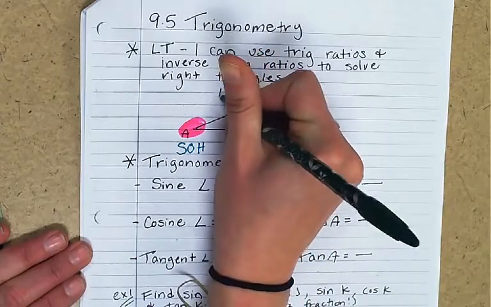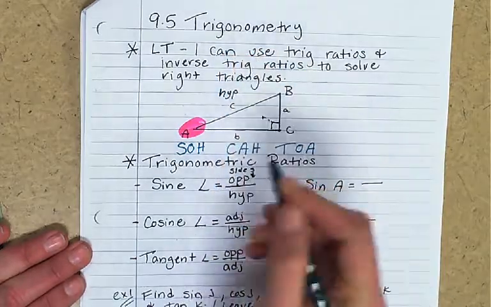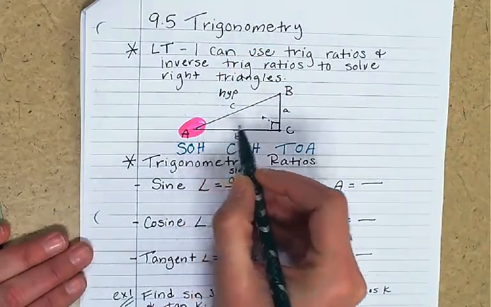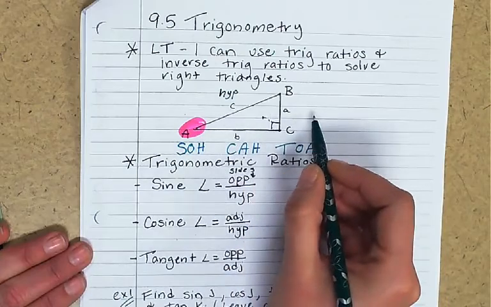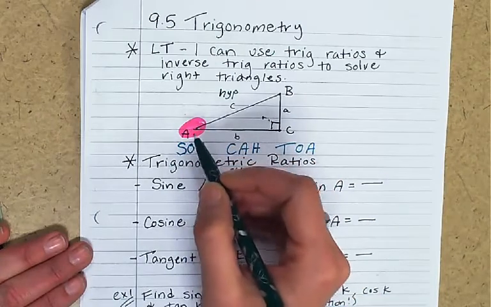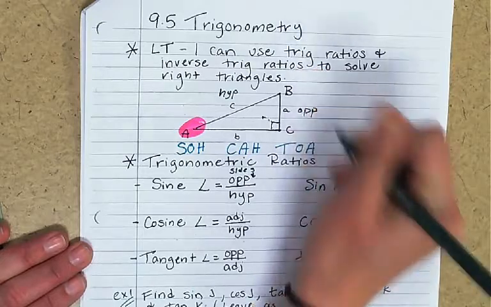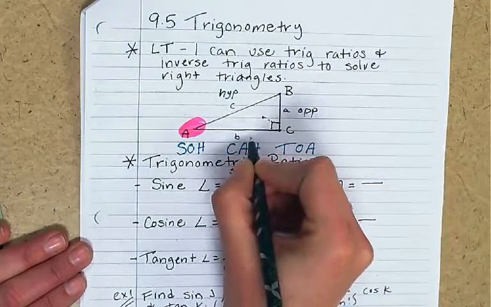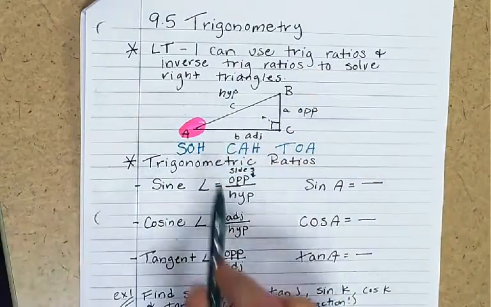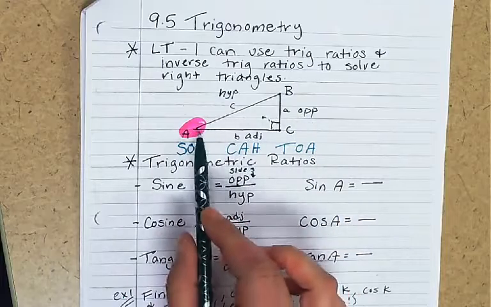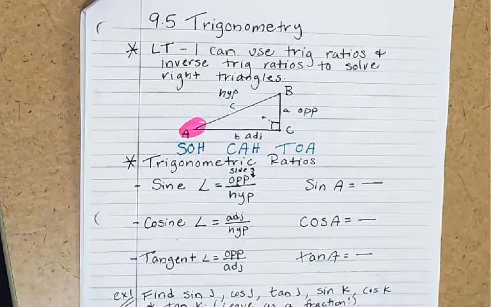So this length here, C, is our hypotenuse. The leg that's all the way across the triangle from the angle you're talking about, our reference angle, is your opposite. And the side that's touching it is your adjacent. So across is opposite, touching is adjacent, hypotenuse is always hypotenuse.